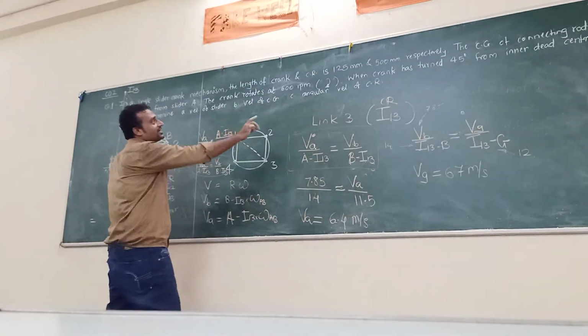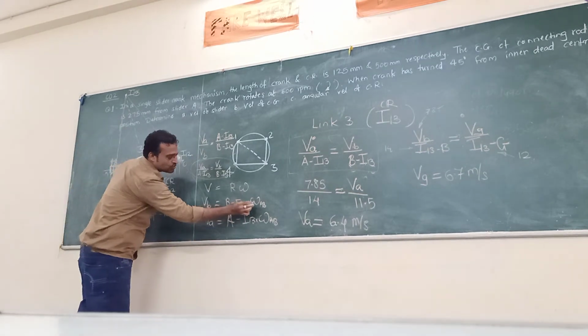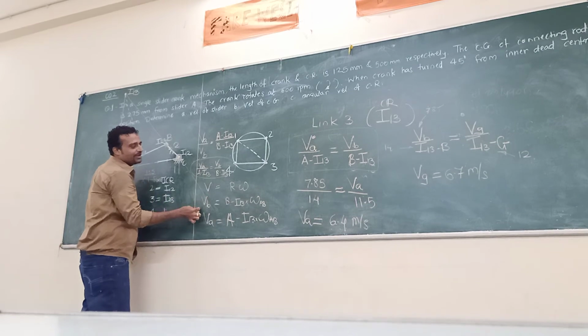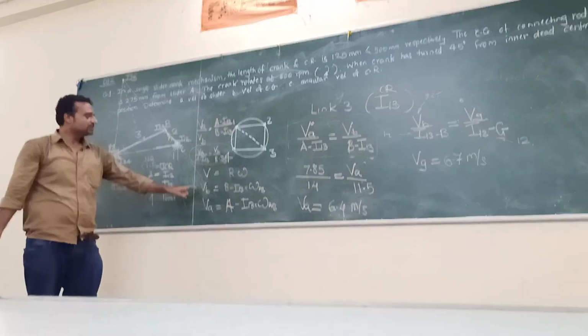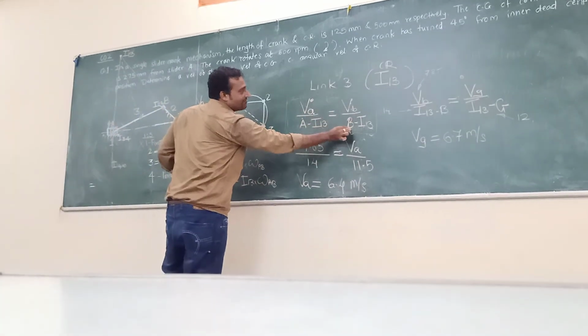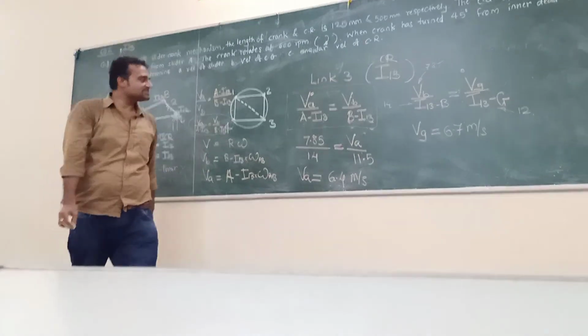And then the last part is the angular velocity of the connecting rod. Now here we can see this omega AB is nothing but VB divided by B I13. So this ratio VB upon B I13, or VB upon A I13, represents omega of this link.